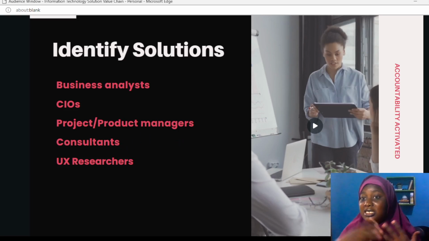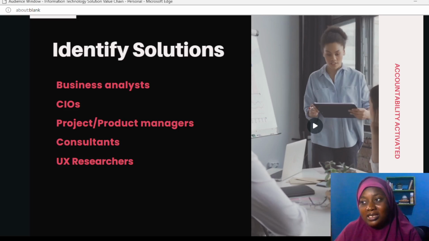So consultants, sometimes organizations call in consulting companies like KPMG, Accenture, different companies like Deloitte, to help them identify solutions. Probably they also call them to help them build the solutions sometimes. So UX researchers, user experience researchers, are also involved in identifying the solutions.